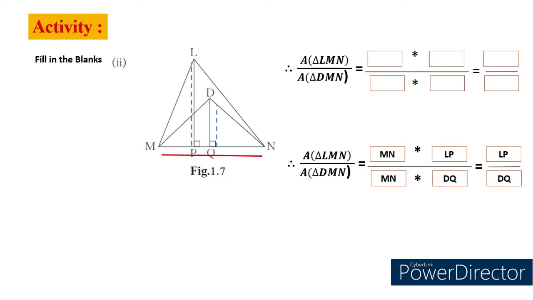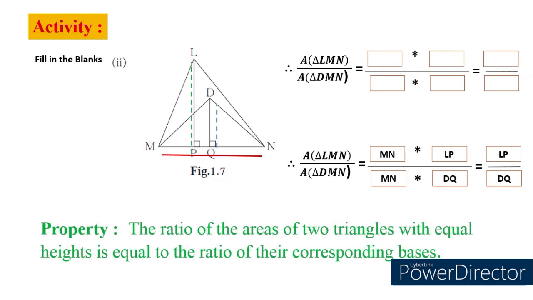Now the ratio of the areas of the triangles is nothing but MN into LP divided by MN into DQ. As we use the property with equal bases, MN gets cancelled, the remaining will be LP divided by DQ, and hence we can say the ratio of their corresponding heights.